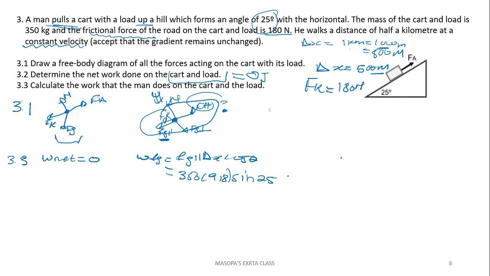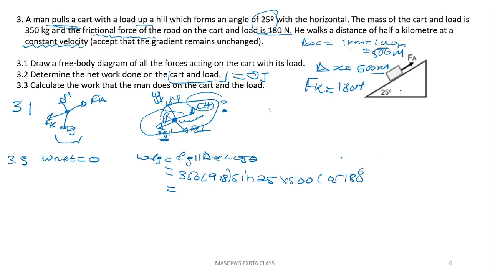Delta x is covering half a kilometer, which is 500, so we multiply by 500, and the cos of what? Remember, the displacement is covered going up the hill, while the force is down, so the angle is 180.